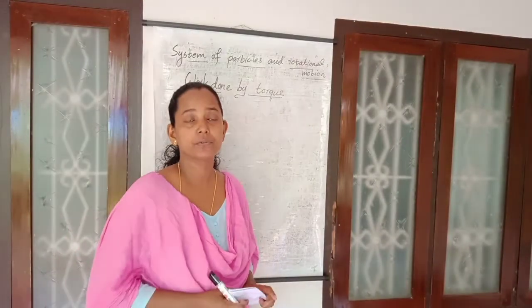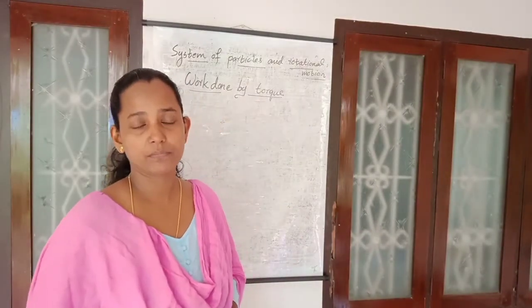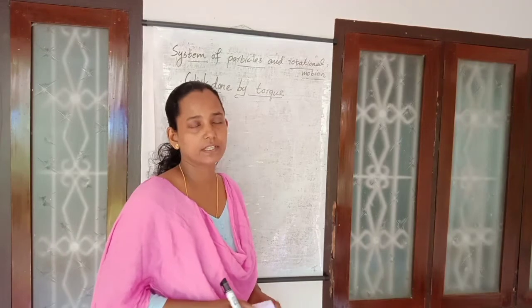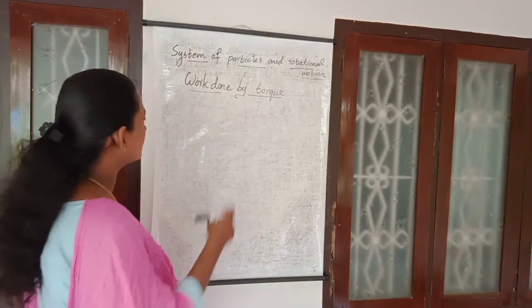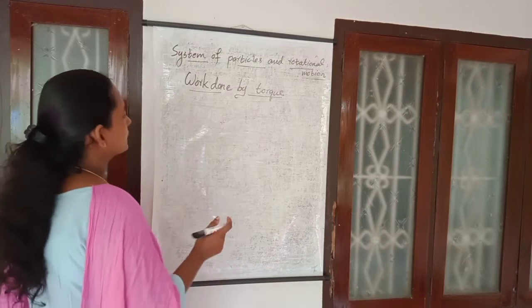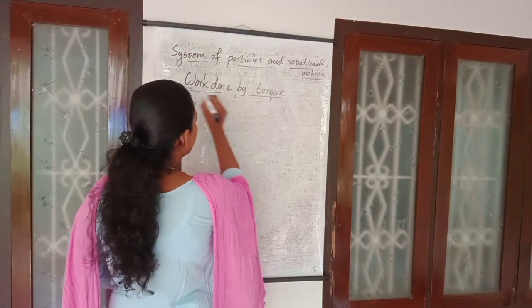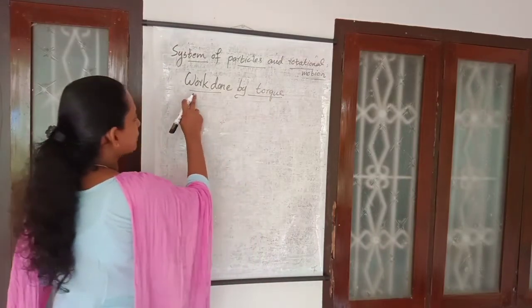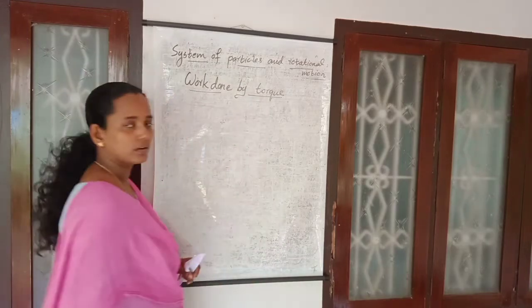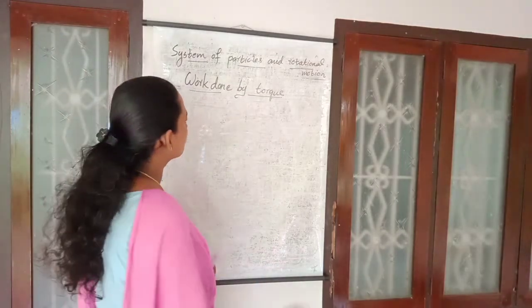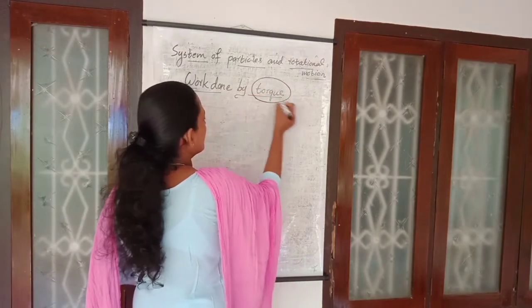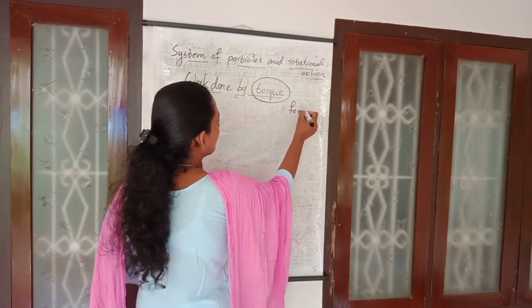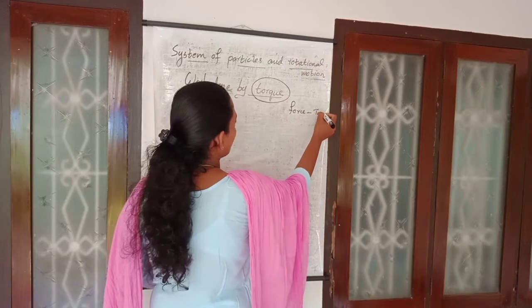Next we are going to the comparison between rotational motion and linear motion. Before that we want to discuss some terms of rotational motion. First we are going to find the expression for work done in terms of torque. We know that when an object is in rotational motion, instead of force we use the rotational analog, torque.